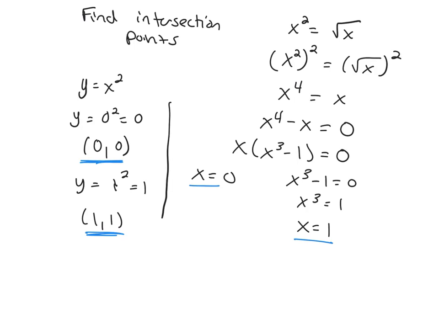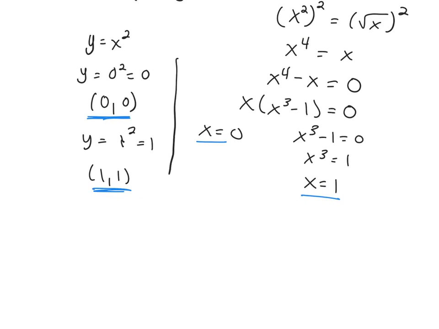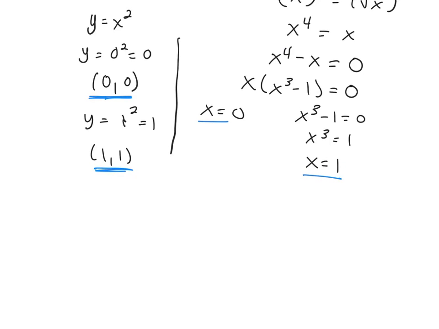So for my graph, I'm going to start by plotting those 2 points. Those are my most important points. So here I go. 0, 0, and then 1, 1.